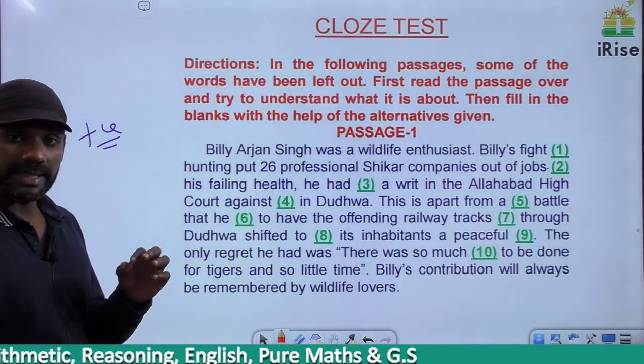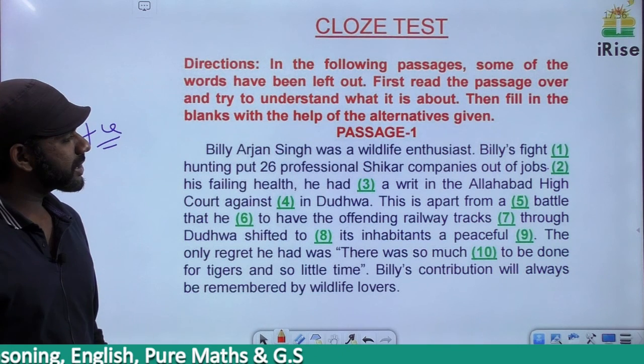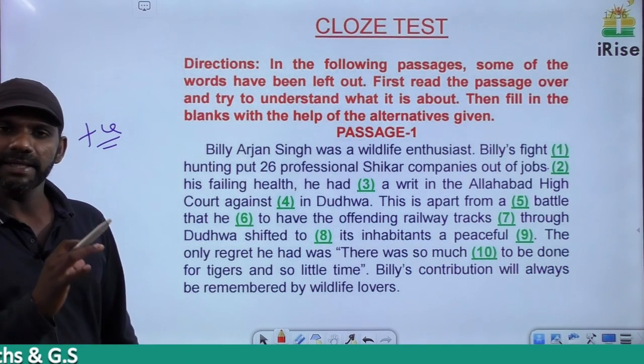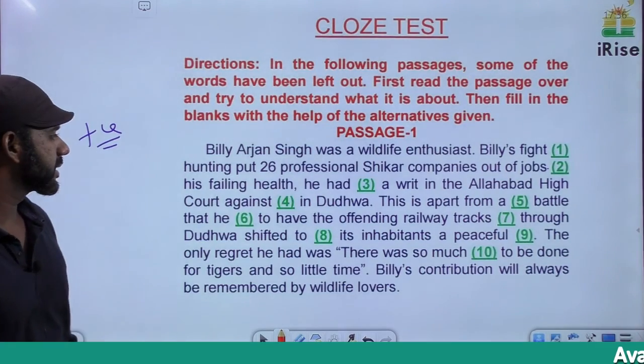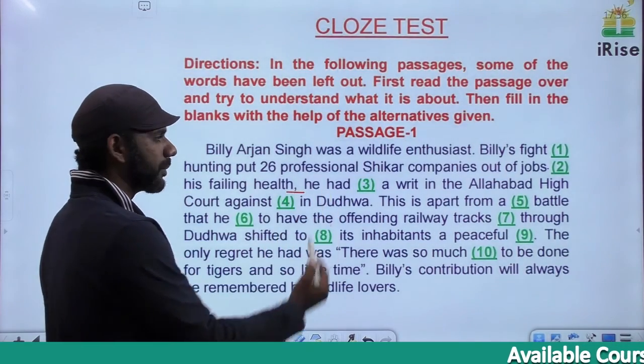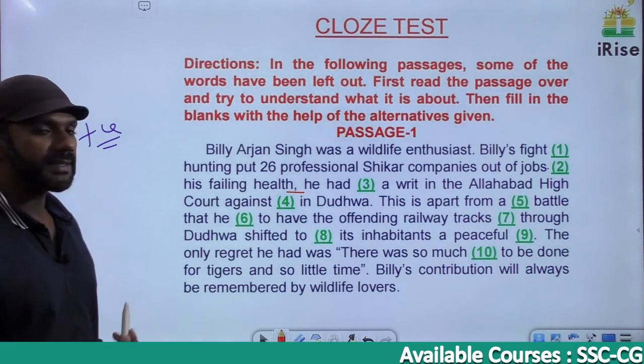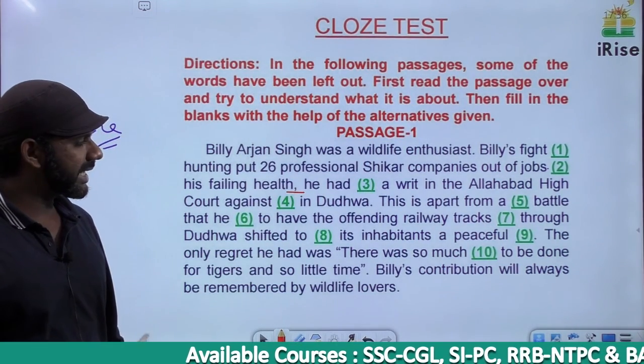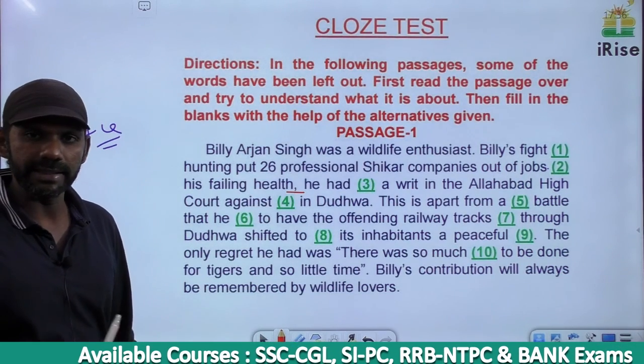Dash his failing health, comma, he dashed a writ in the Allahabad High Court against dash in Dudhwa. This sentence contains two ideas shown by the punctuation mark, comma. His failing health is one idea. He had dashed a writ in the Allahabad High Court against dash in Dudhwa is the other idea.